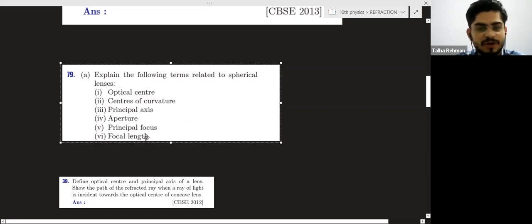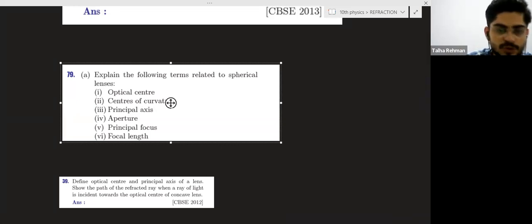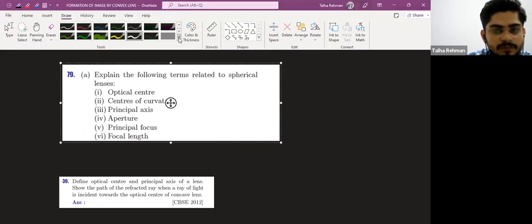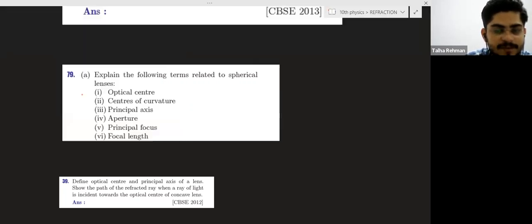Focal length, already I have discussed. Center of curvature I have not discussed. So you can solve this with the help of notes: what is optical center, what is principal axis, what is focus, and what is focal length. And this thing I will discuss: center of curvature and aperture.